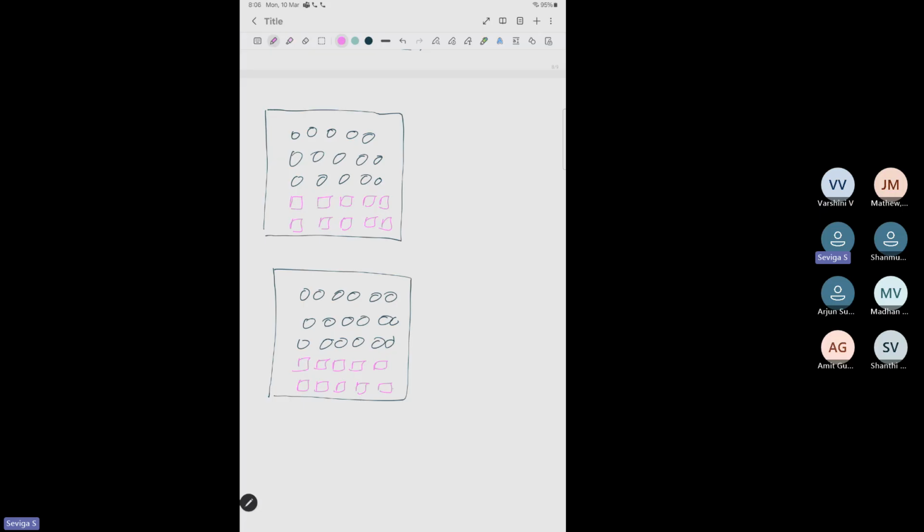If you want to divide this data into two, what is the best thing to do? Any idea? Circles into one group and squares into another group. Yeah. So you have a straight line now. How will you divide it?